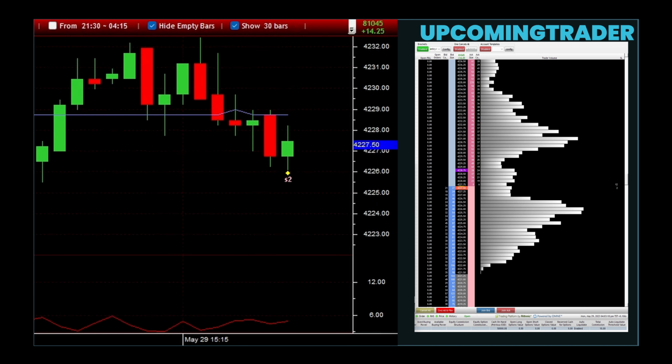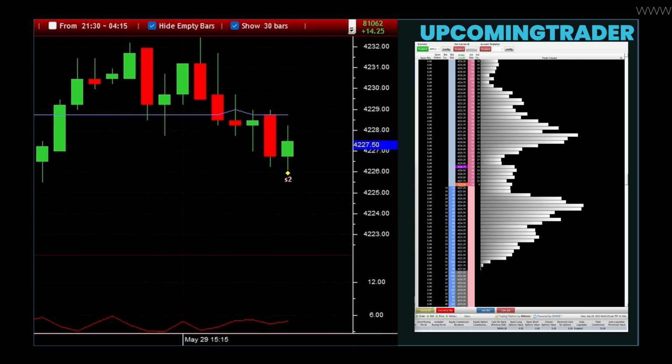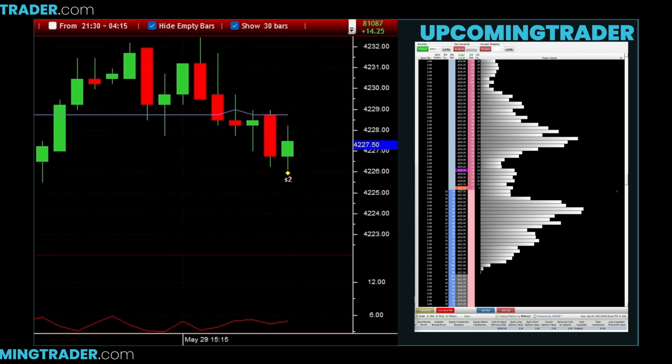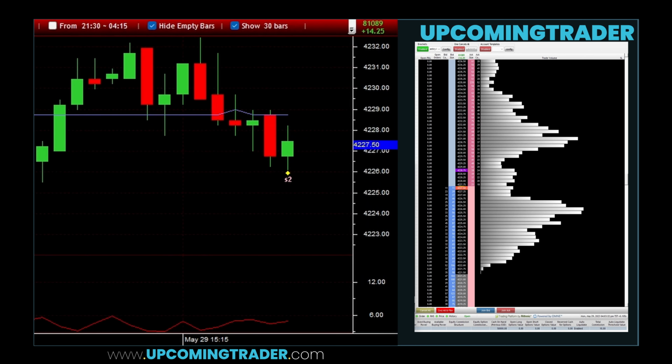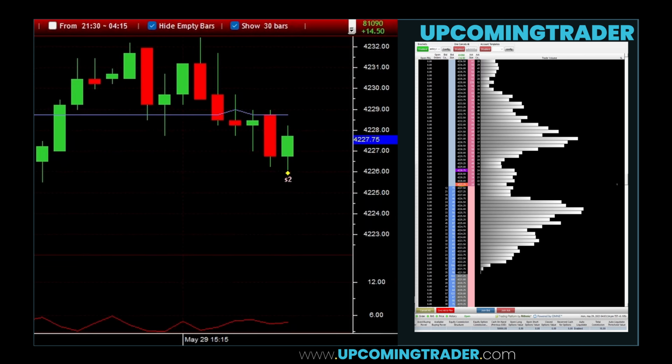On the other hand, you might see an elongated vertical profile, suggesting the market is trending either up or down, with price moving quickly through different levels without much consolidation. This kind of profile, also known as an imbalanced profile, often occurs after major news releases or events that create strong market sentiment.